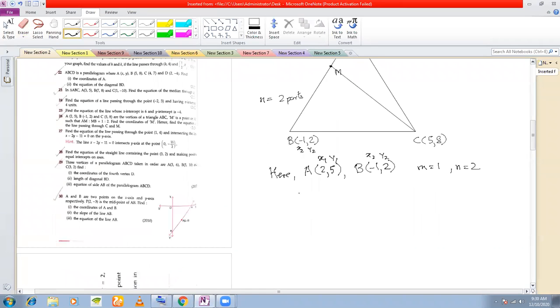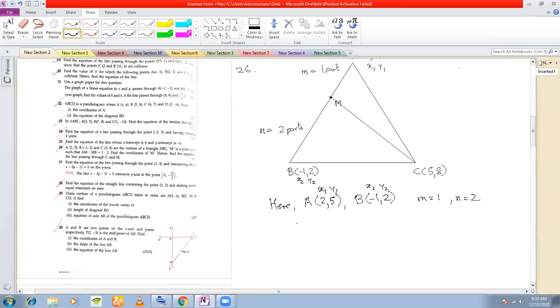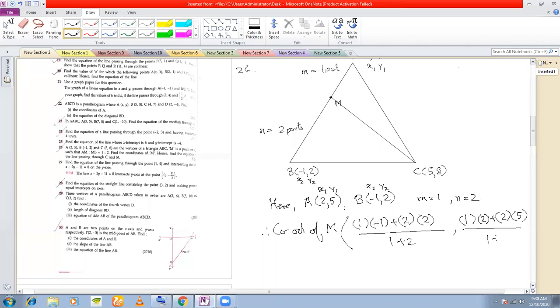Now I'll find out the coordinates. Therefore, coordinates of M are (m x2 + n x1)/(m + n), (m y2 + n y1)/(m + n).